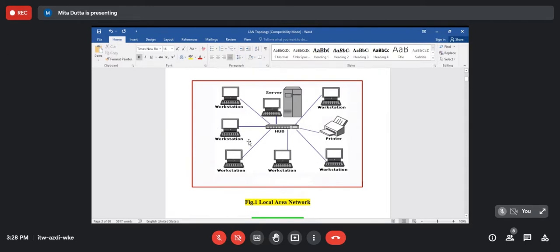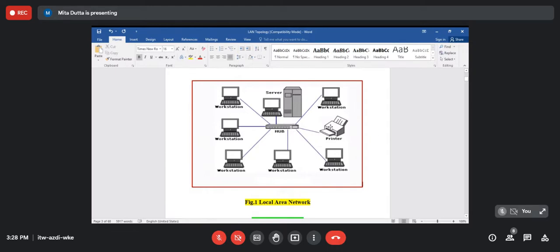Each workstation or node is provided with a NIC, which is nothing but a network interface card. It is a hardware device by which we can connect each workstation or node to the network, which we defined as a local area network.